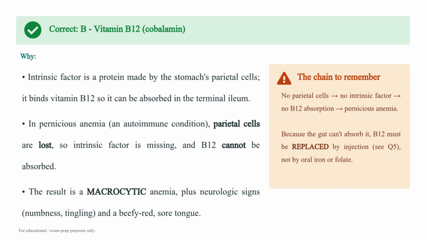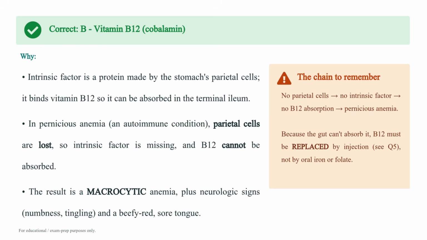The answer is B. Vitamin B12, cobalamin. Intrinsic factor is a protein made by the stomach's parietal cells, and it binds vitamin B12 so it can be absorbed in the terminal ileum. In pernicious anemia, an autoimmune condition, the parietal cells are lost, so intrinsic factor is missing and B12 cannot be absorbed.